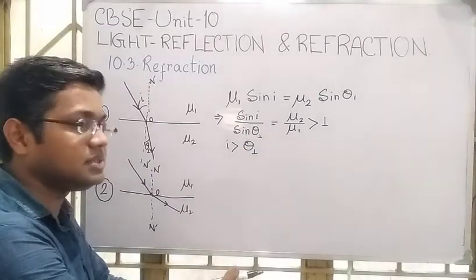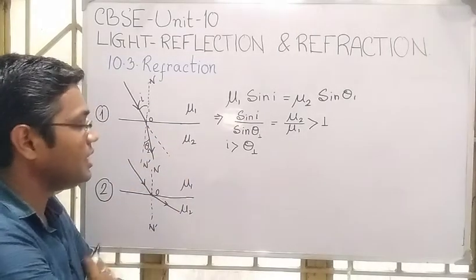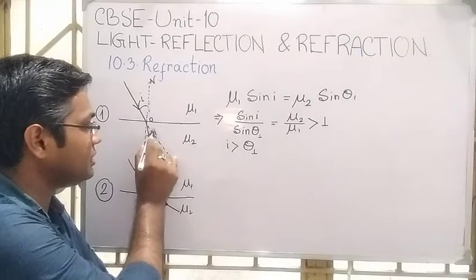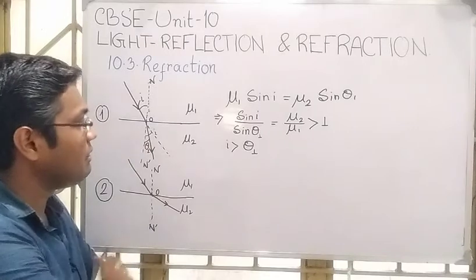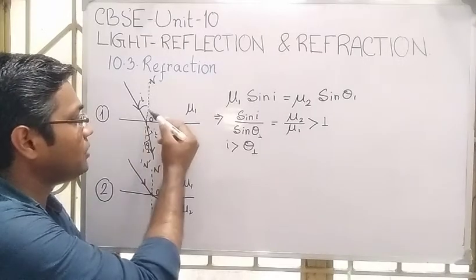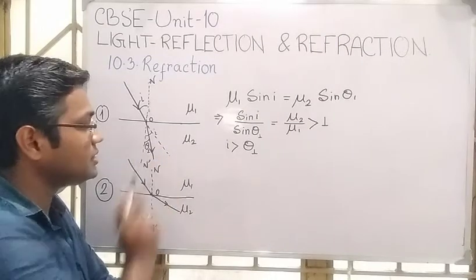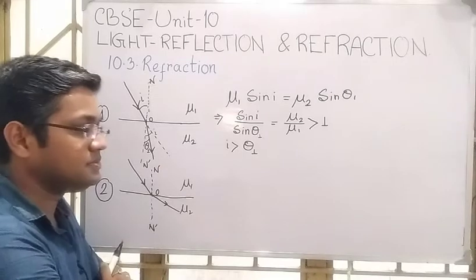So I is greater than θ1. This is the initial path of the ray. And obviously here I is greater. If I draw this, then this will be I geometrically, because they are vertically opposite angles. So I is greater, θ1 is less. So the light ray bends towards the normal.